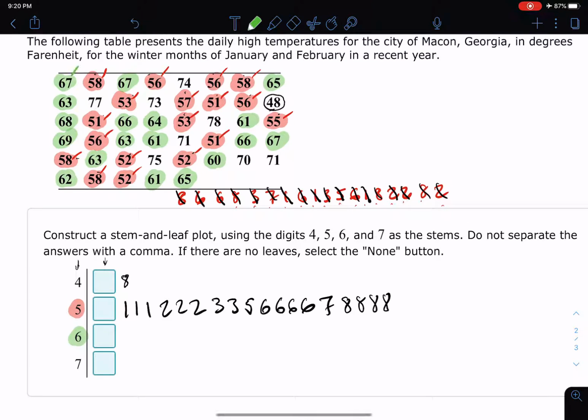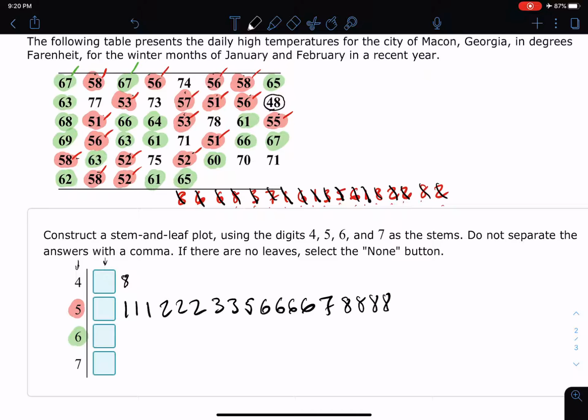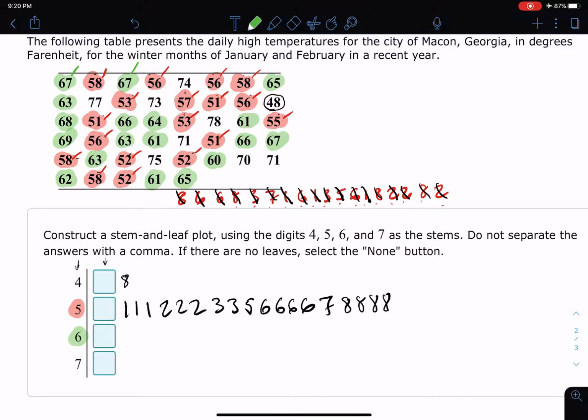But it looks like I have a 7 and a 7. Oops, I'm going to do this in black. No, I'll do it in green just so we can see where I'm getting this stuff from. So 7, 7. Then I've got a 5, 3.